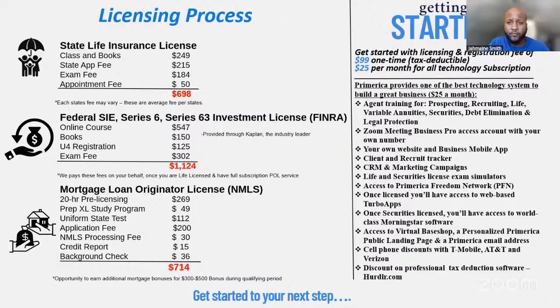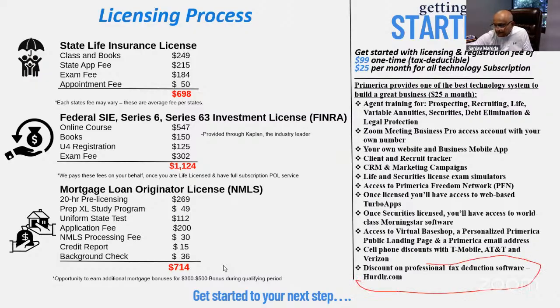Then you have a computer, you have cell phone, right? How'd you like to deduct some of those expenses? I would love to. So we have a really great company that we use. We call them the Huddler, okay? They have a software. You have cell phone, you can get discount.